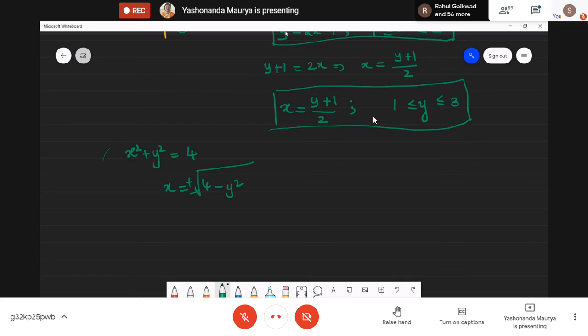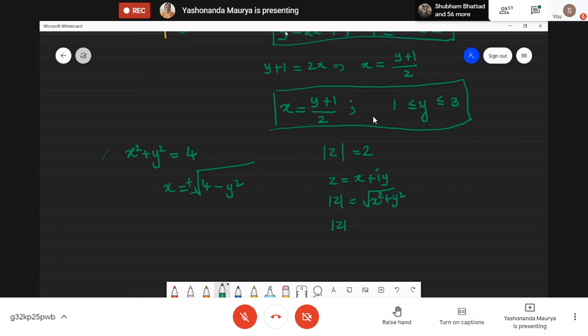How can we avoid this? We can use a better way of writing. What does this stand for? Mod z is equal to 2. You remember what is mod z? This equation represents a circle. If z is equal to x plus iy, what is mod z? Square root of x square plus y square.